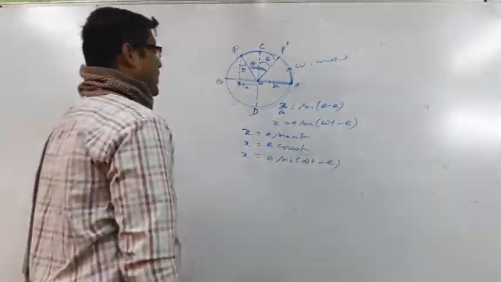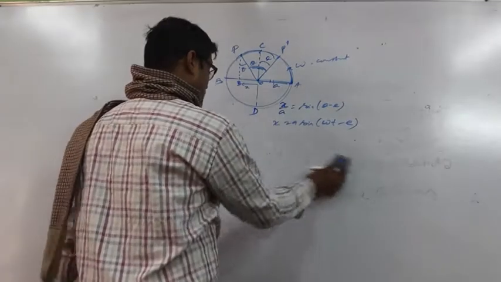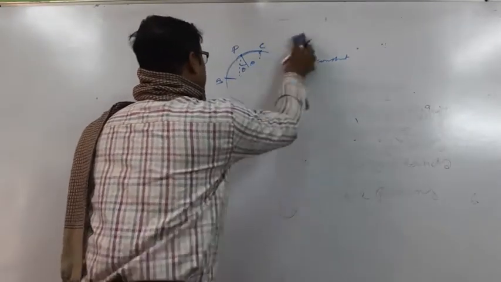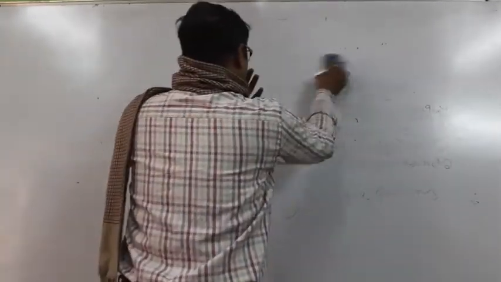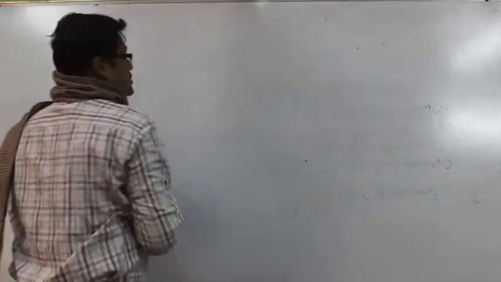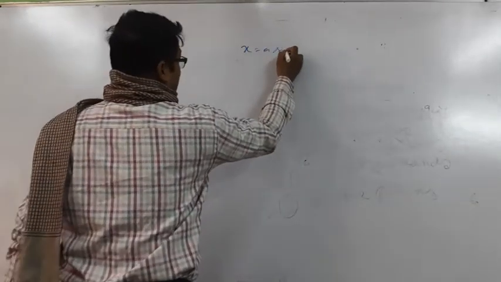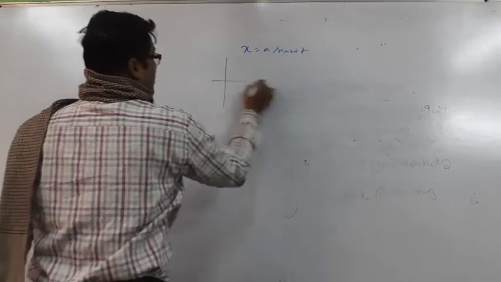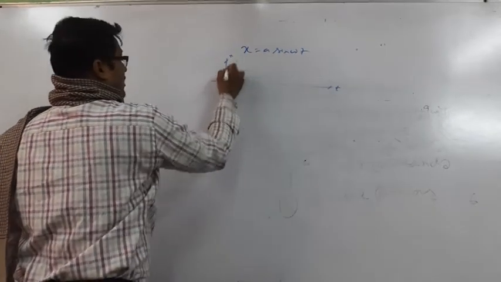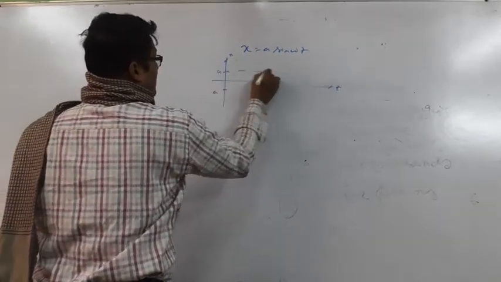Okay. Now these are the equations for displacement. So we can draw a graph in this way, because we have x equals a sin omega t. So we can plot a graph like this. X, this is a, this is also a.